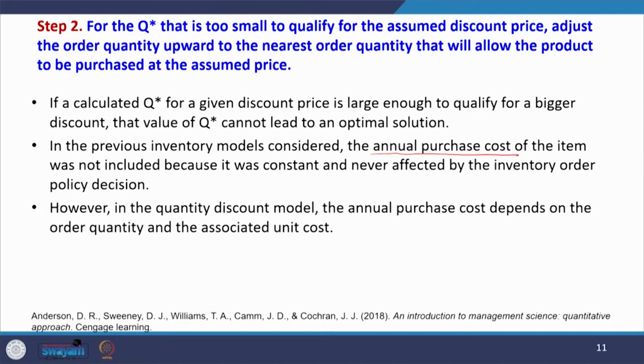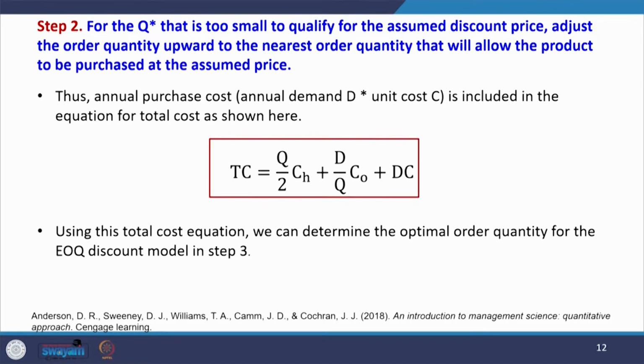However, in the price discount model, in the quantity discount model, the annual purchase cost depends on the order quantity and associated unit cost. So, in this method you have to consider the annual purchasing cost also. So, the annual purchasing cost, annual demand multiplied by the unit cost, is included in the equation for total cost.